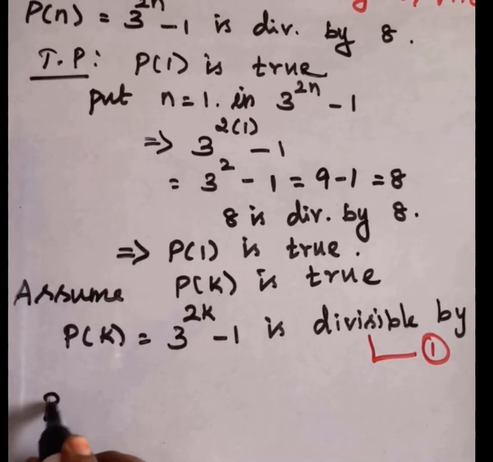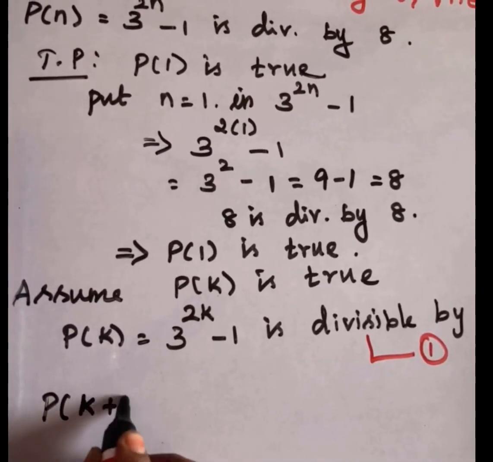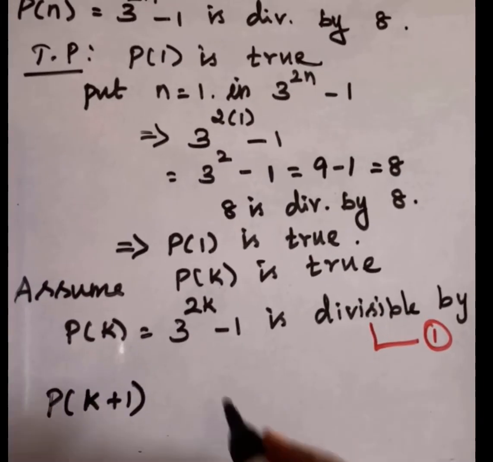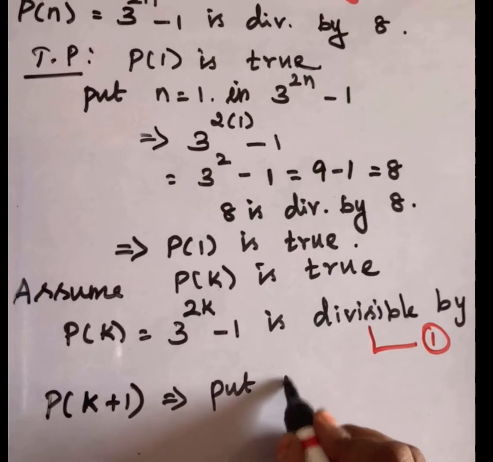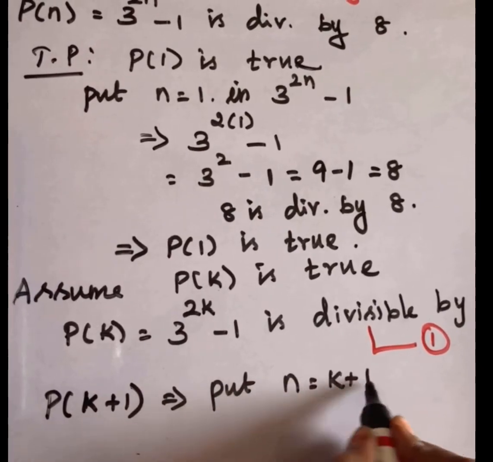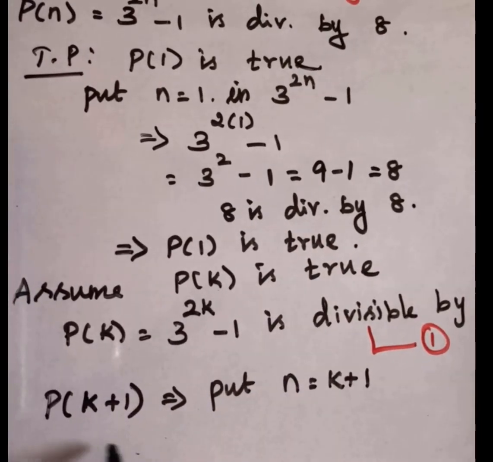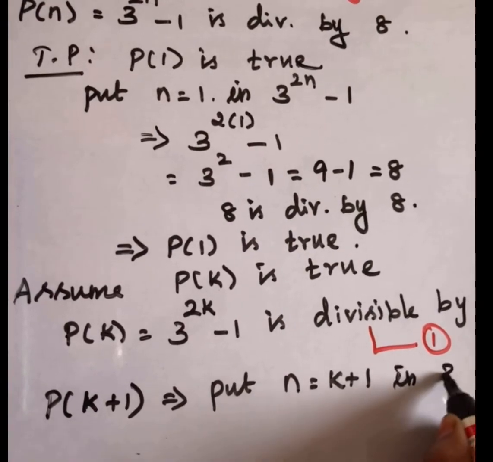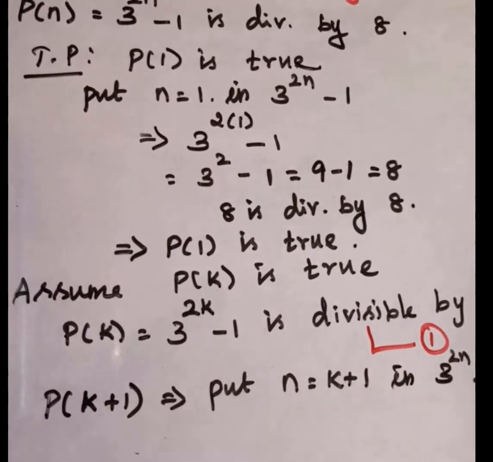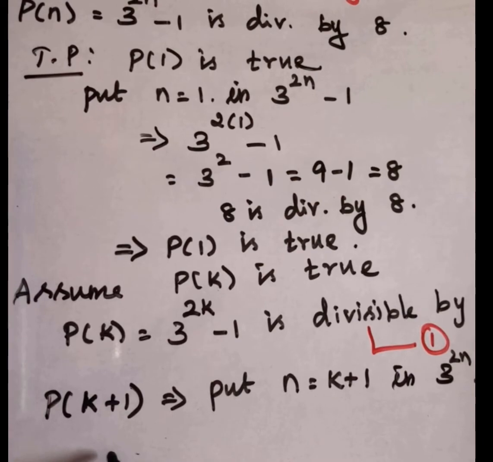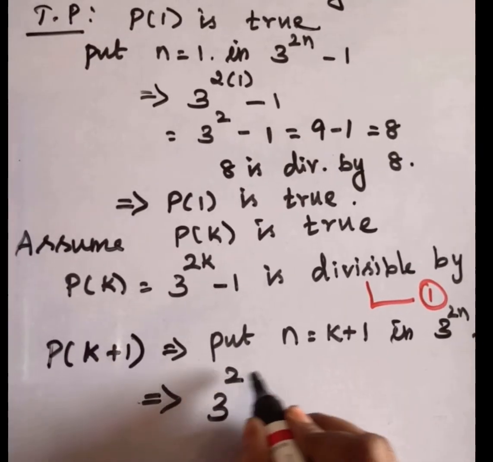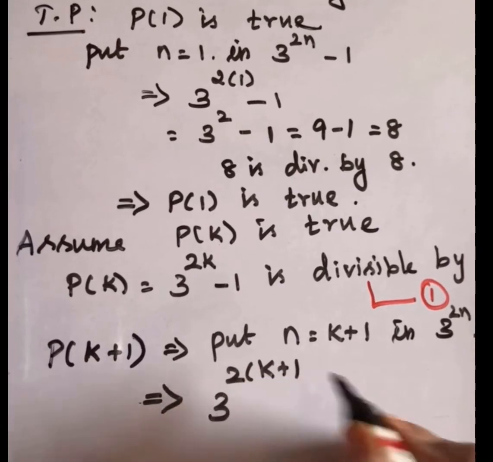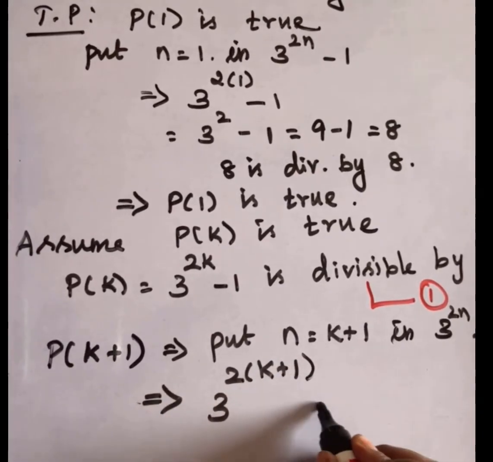So, P of k plus 1. To get P of k plus 1, put n is equal to k plus 1. Okay. So, 3 power 2n minus 1, that implies 3 power 2 into k plus 1 minus 1.